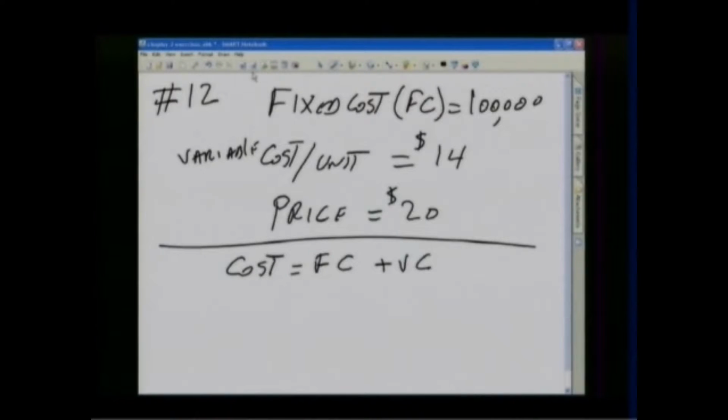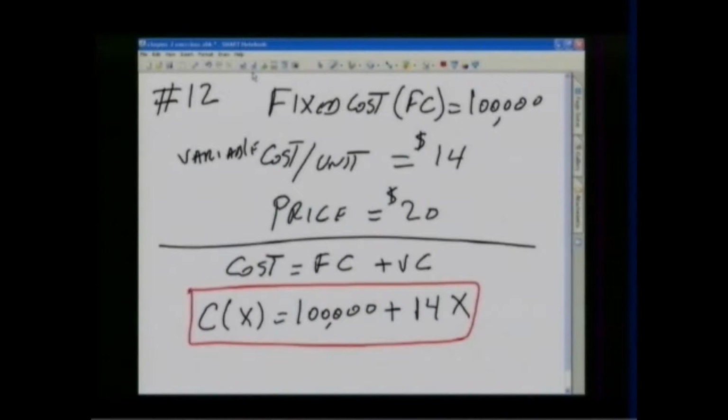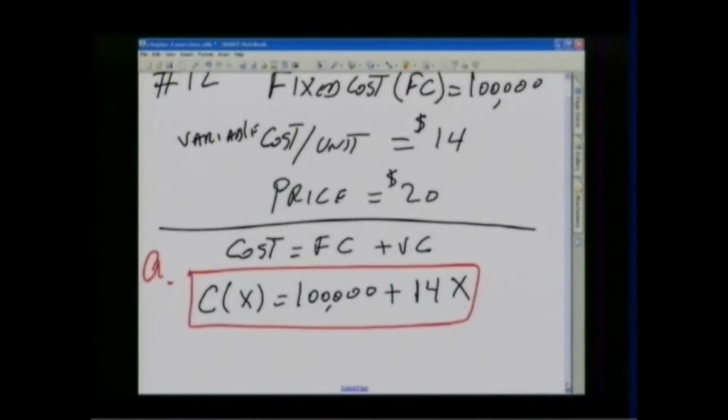In this case, cost, again we use C, function of x, is equal to fixed cost, which is $100,000, plus variable cost, which is $14 per unit, times the number of units, which is x, so it would be 14x. This is A, the cost function.